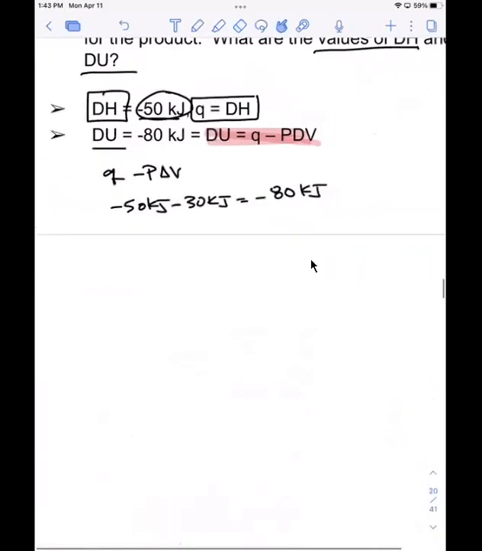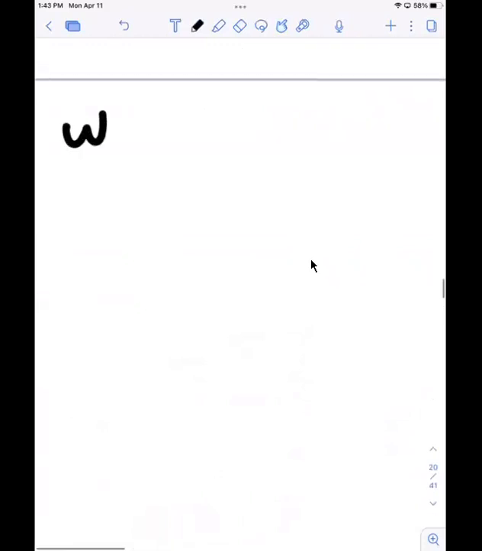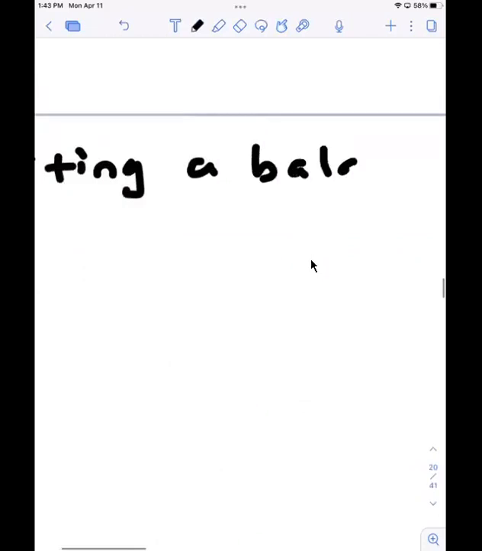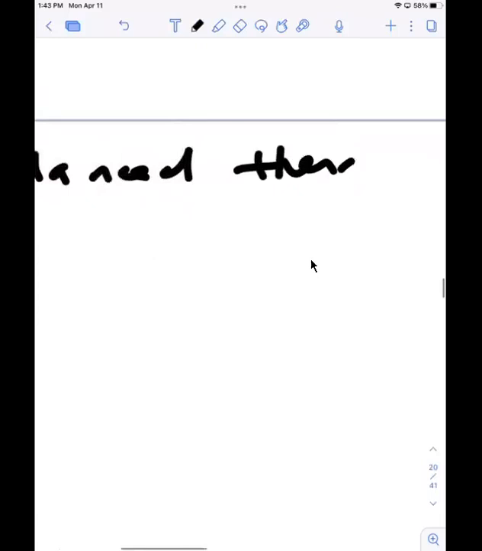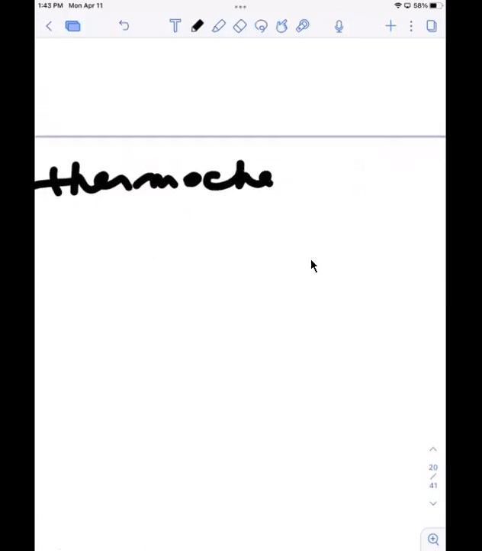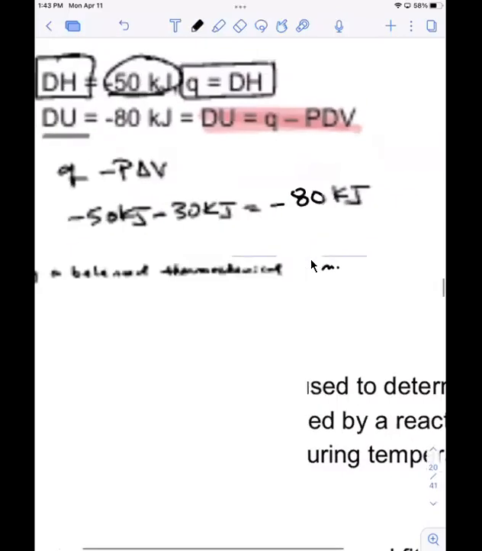There's another way that you'll see this expressed, and it is in the form of being asked to write what's called a balanced thermochemical equation. All right. So let me put that in here. Right.